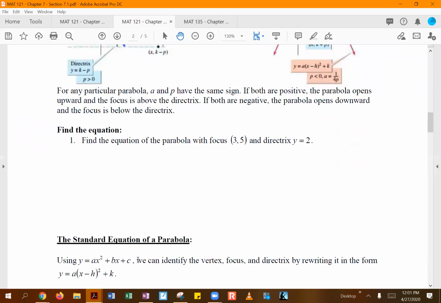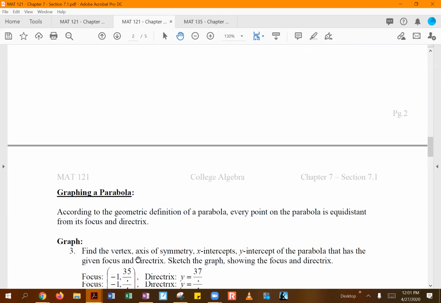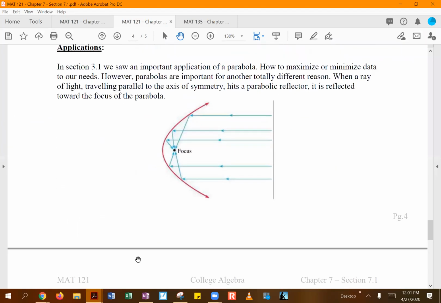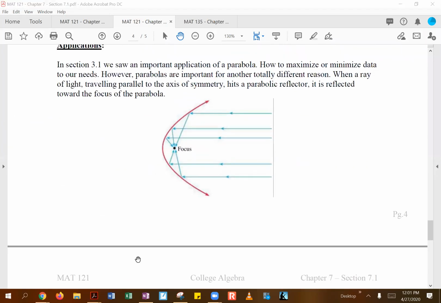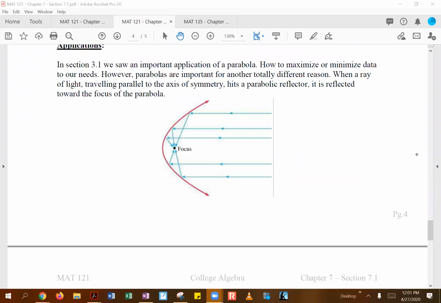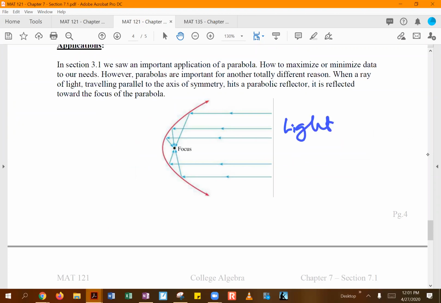So if you look at this right here. What happens in this case is if you have a light or a sound source somewhere over here, then those light rays or sound waves are going to come in the direction where you can see these arrows going.